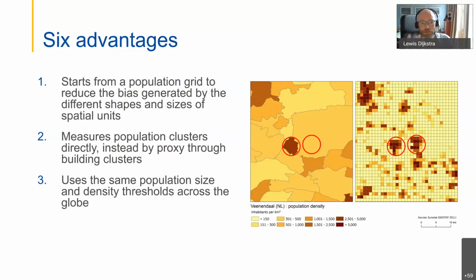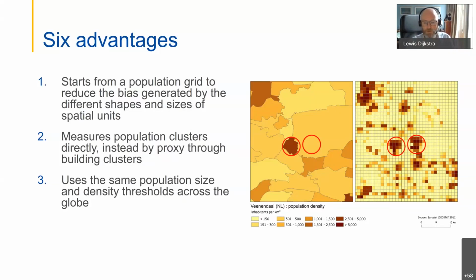I also mentioned already early, we're looking at the concentration of people in space, and this is very important as people take up more or less building space in different parts of the world or even different parts of the same country. So using a proxy of building clusters really doesn't work so well.